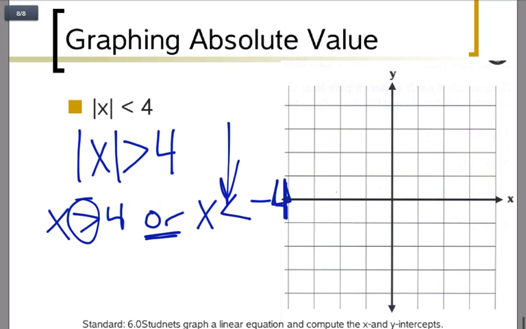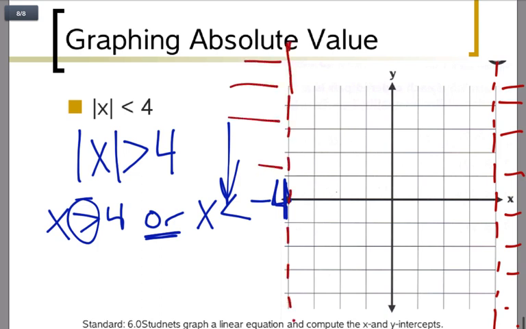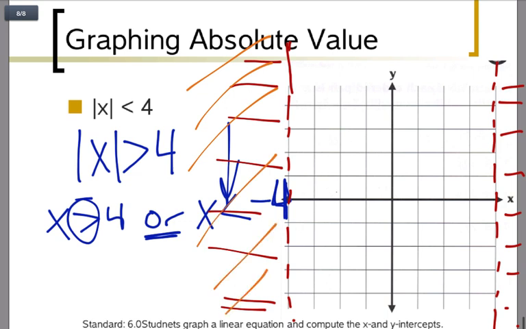So the way that this works is that as I graph the line, I would do my dotted line on the 4, and it says bigger than 4, so I shade above. And then I go to negative 4, do my dotted line, and I shade less than negative 4. Now because it's or, you can use either, so I have my answer over here, and I have my answer over here, it's just not in the middle.